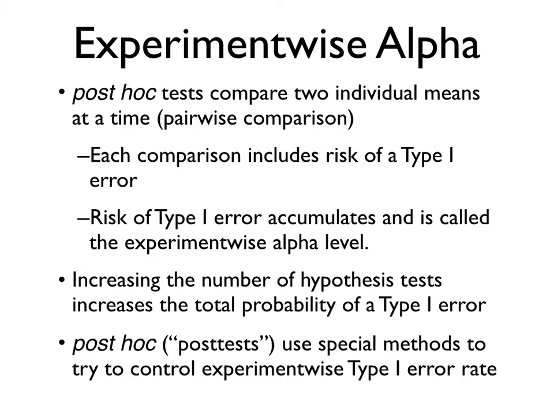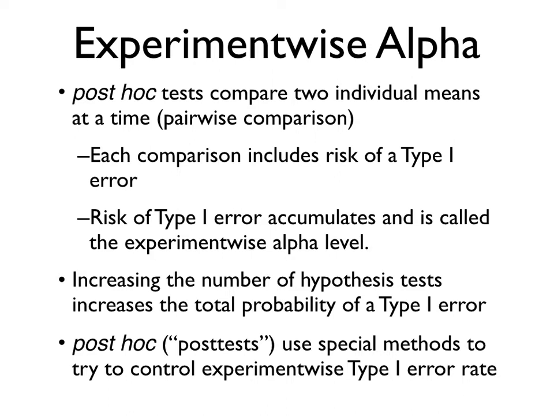We say, okay, I'm willing to take a 5% risk of committing a type 1 error. But when we do several comparisons, when we do an ANOVA and then we do something else and something else, all of those things add together and it accumulates and our risk goes up. This is called experimentwise alpha.